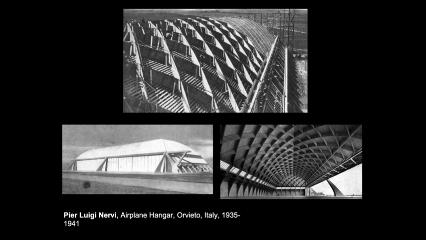And Pier Luigi Nervi is a very interesting engineer and architect. I just showed you these two examples of his works, but there are lots more stadiums and sports halls and airplane hangars and all these kind of things, where you need a huge space without columns, column-free.